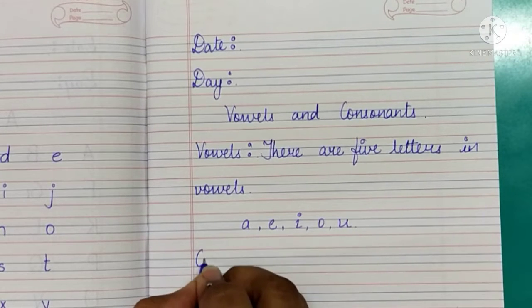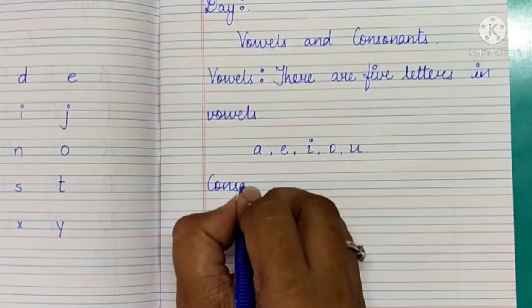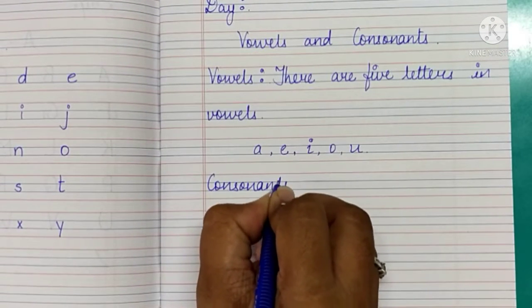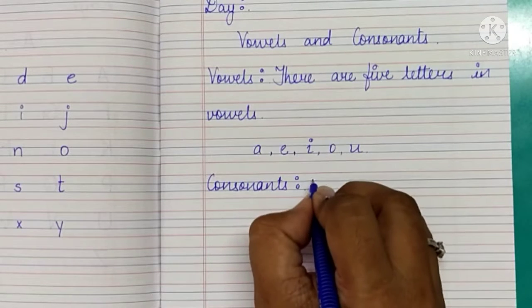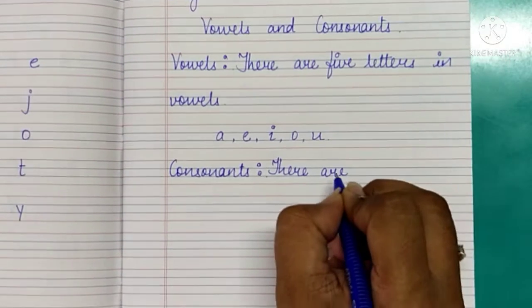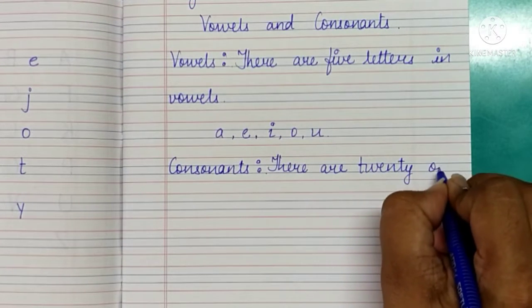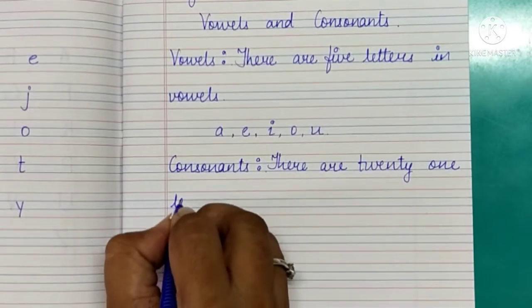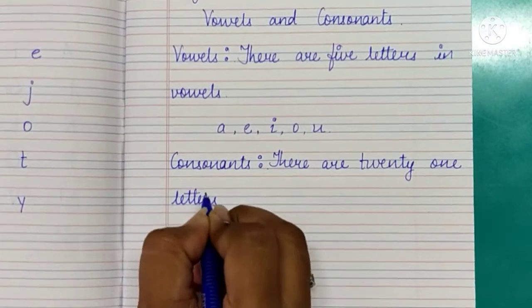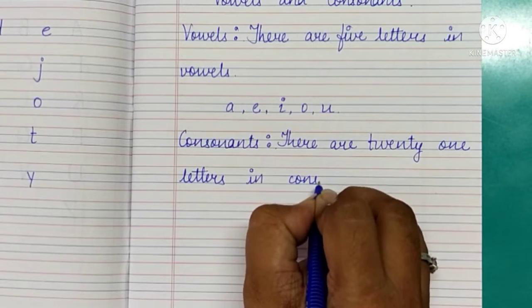In the next line, give the heading consonants. There are 21 letters in consonants.